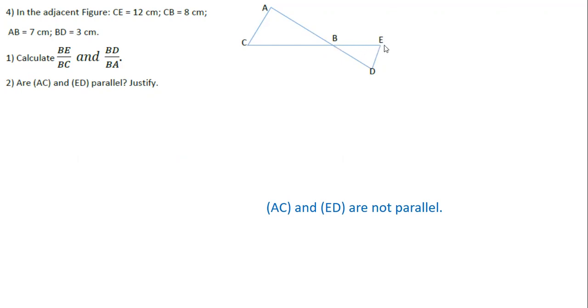Because this small part, which is BE, is CE, the big part, minus CB. So how much is CE? 12. How much is CB? 8. So 12 minus 8 is? 4. So BE will be how much? 4 centimeters. So we replace BE by 4. And we replace BC by how much?